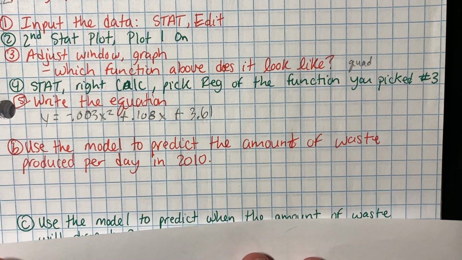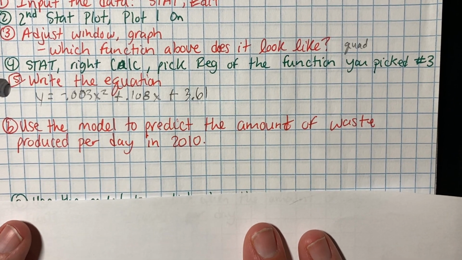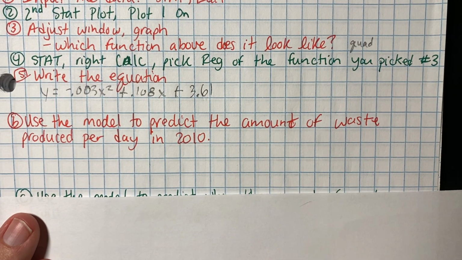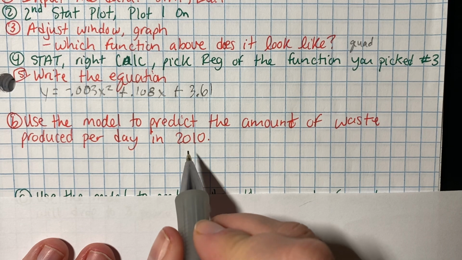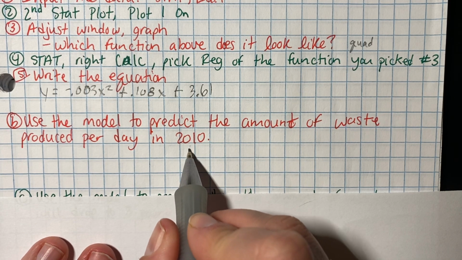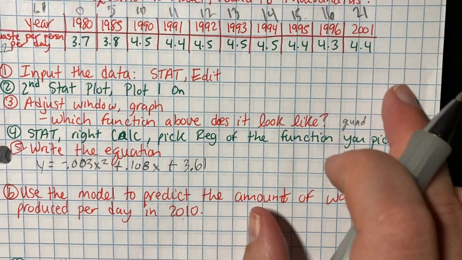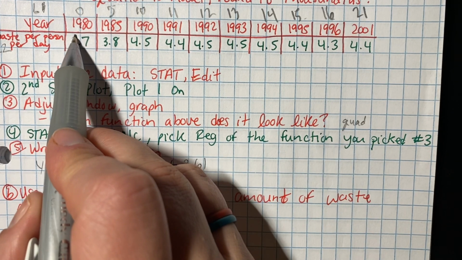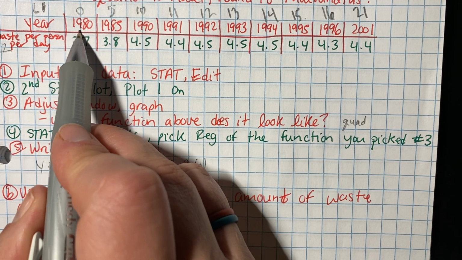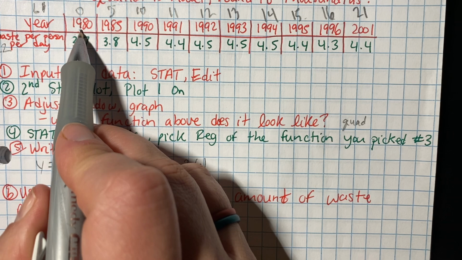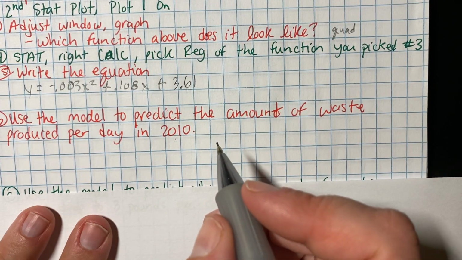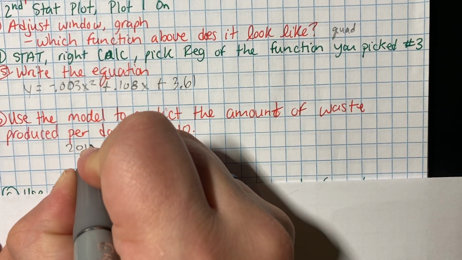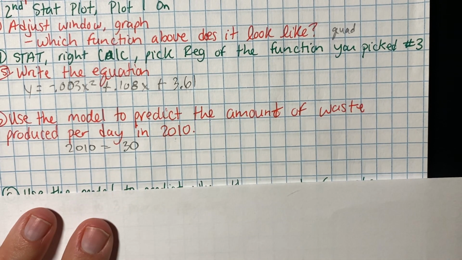So the next question says, use the model to predict the amount of waste produced per day in 2010. So the first thing we need to do is figure out how many years 2010 was. Okay, well, we started with 0 at 80. So 2010 will be 30 years after that. So 2010 is going to equal 30 years.